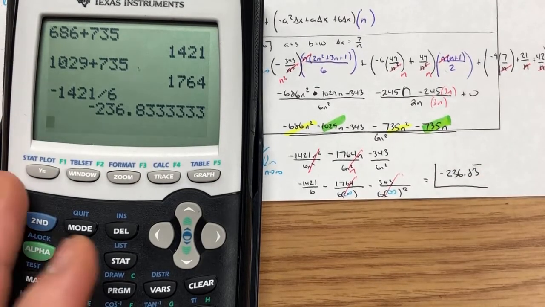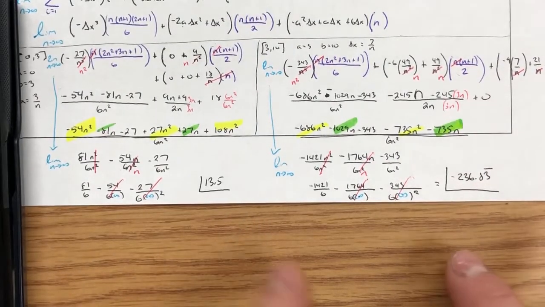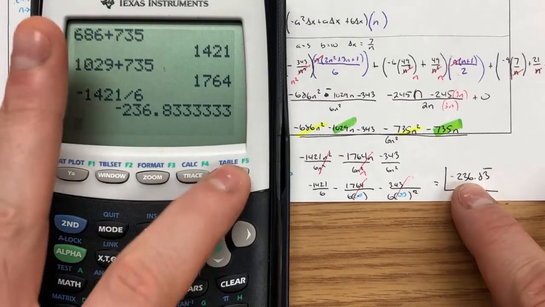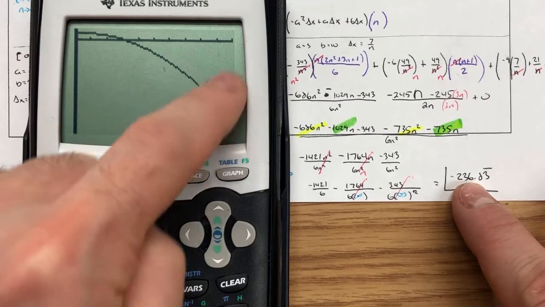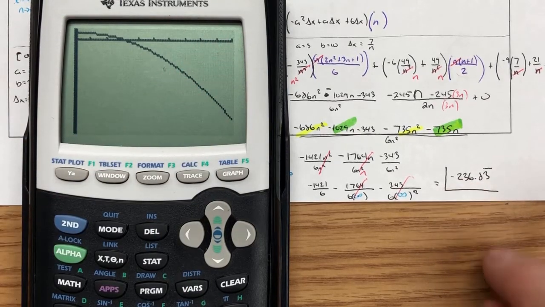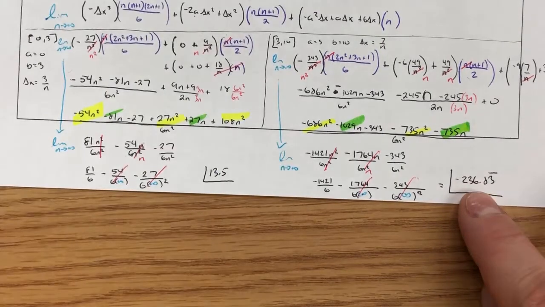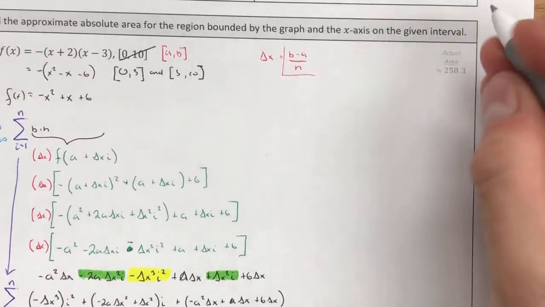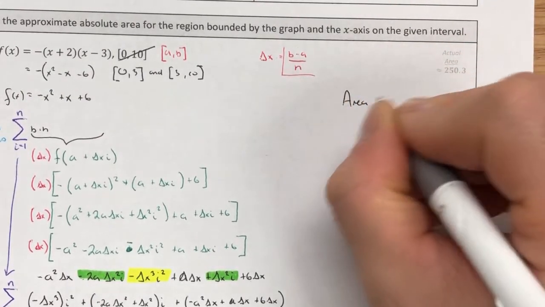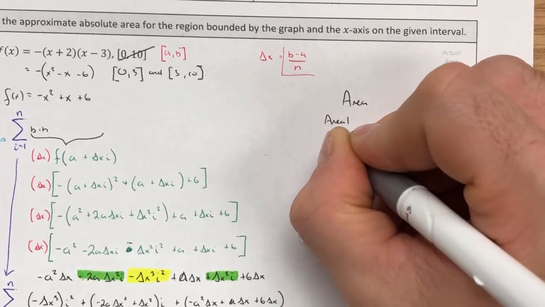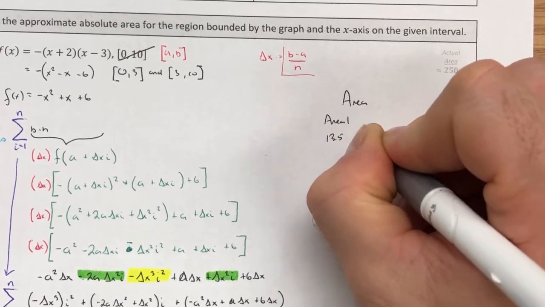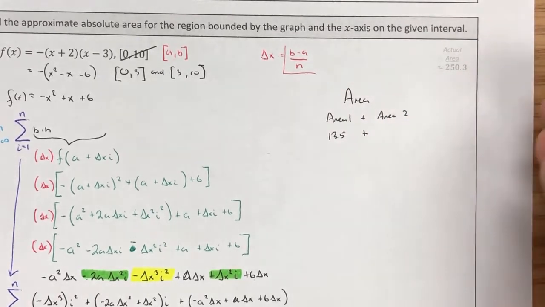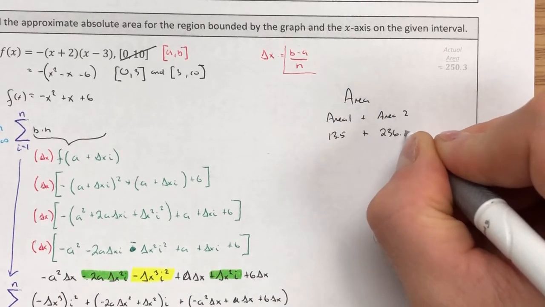Okay. So now what we've got is we have everything that we need to solve it. This is my area above the curve. The negative 236.83 is going to give me the area down here. That is a negative area because it exists below the axis. Now I'm going to take the absolute value and I'm going to add these two areas together. So my area is going to be area 1, which is 13.5, plus area 2, which the absolute value of which is going to be 236.83 repeating.